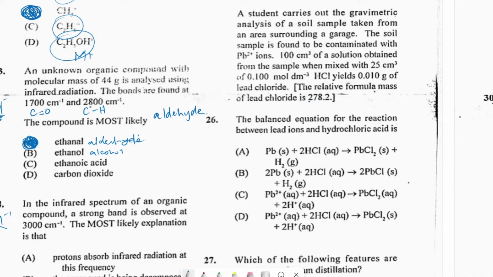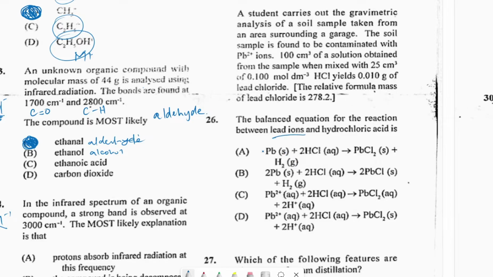The relative formula mass of lead chloride is 278.2. The balanced equation for the reaction between lead ions and hydrochloric acid is... Why didn't they give you all of that?